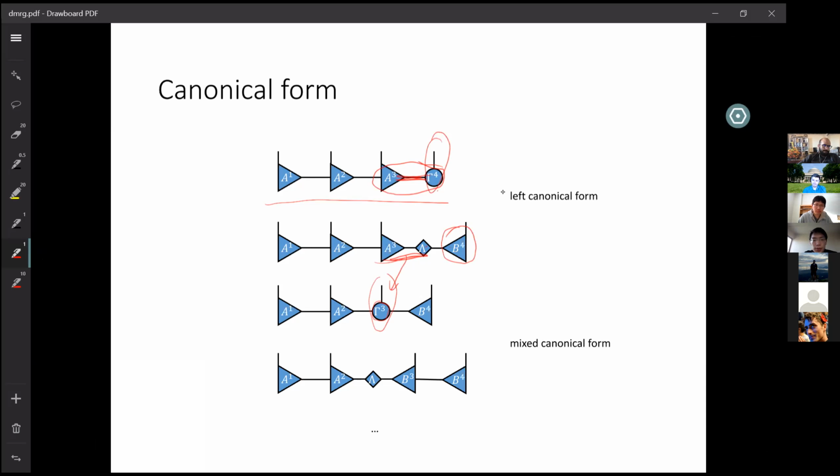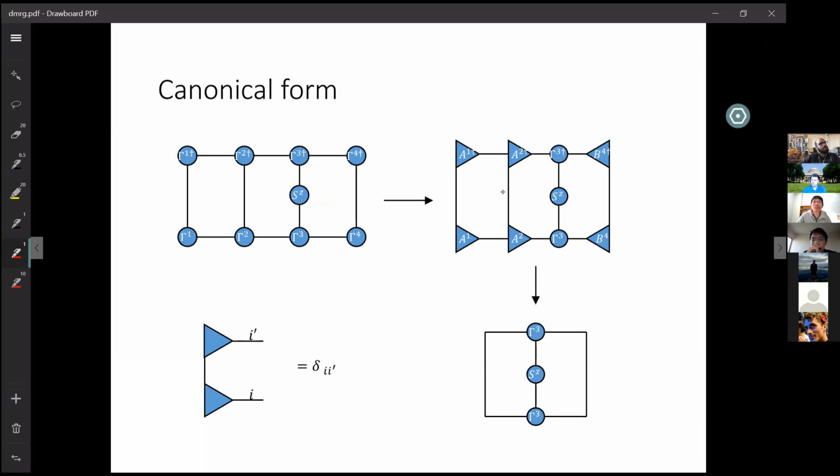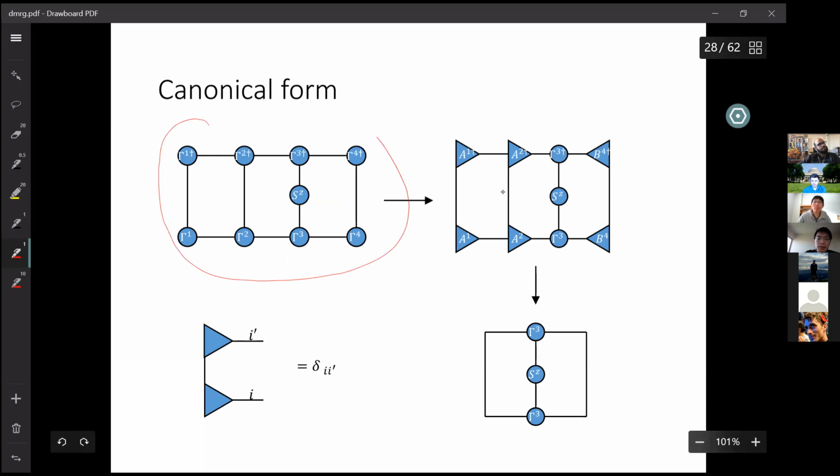The reason we define this canonical form is because it's very useful. Let's compare. Previously we talked about how to extract local observables, expectation values, right?